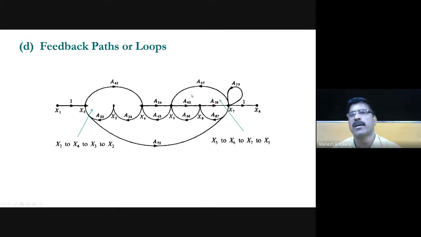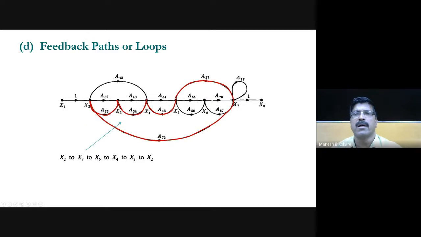Then after that, see that this one X5 to X6, X6 to X7, and then this one. So see that this is the signal direction. So this is also a feedback loop. And one more is left. That is, this signal starts here, and then again it will come back, and then like that, it will terminate at this node. So this is also a feedback loop.